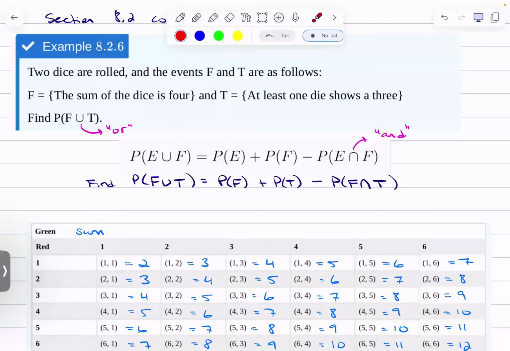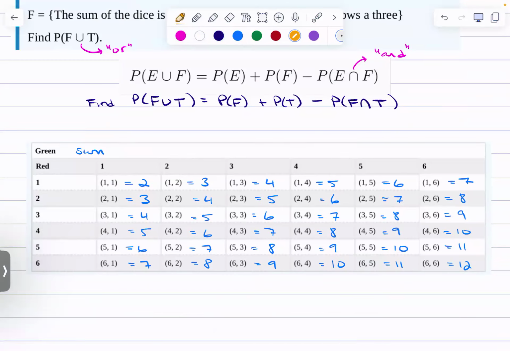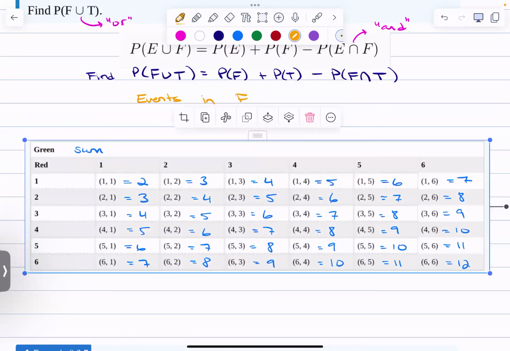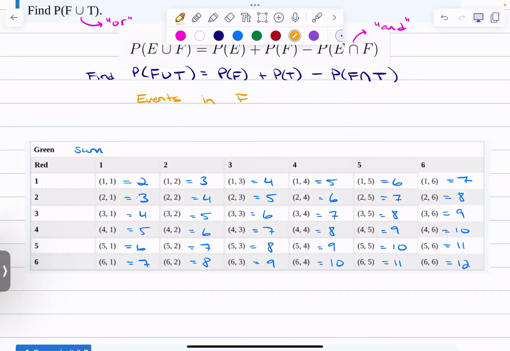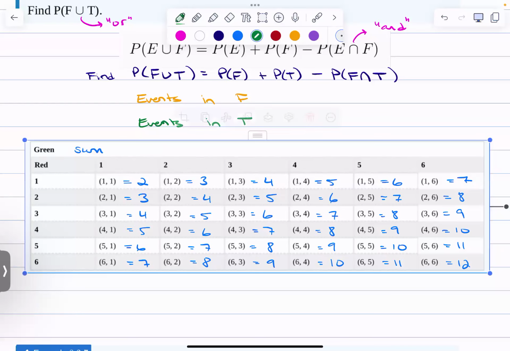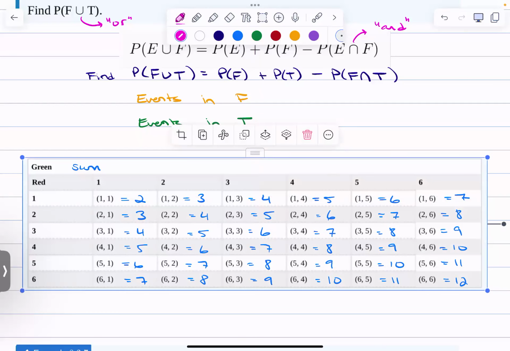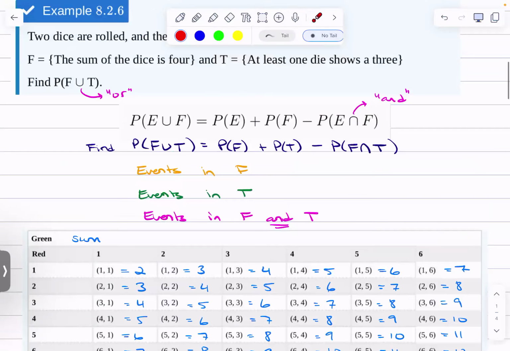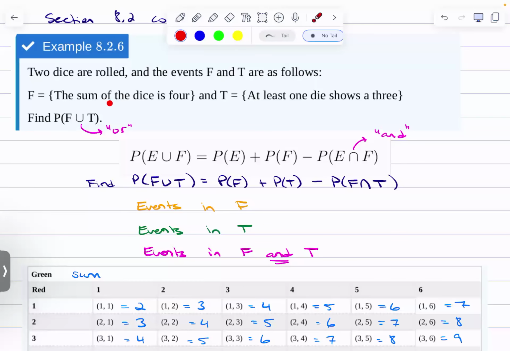So for F, I'll use orange for events in F. And I'll use maybe green to circle events in T. And my go-to pink for events in F and T. We need to know how many outcomes are in each event, out of 36, because we have 36 different options.